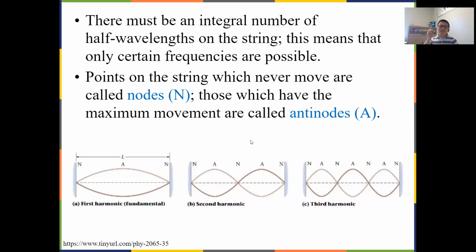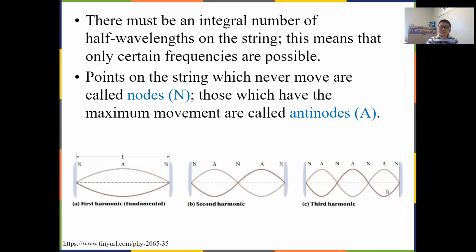For a string fixed at both ends, the location where the string is vibrating at most, we call an antinode. And the location where the string vibrates minimum or not at all, we call a node. Okay, so N for nodes, A for antinodes. You can create vibration like this, or you can create a wave like this, with antinodes here and antinodes there.